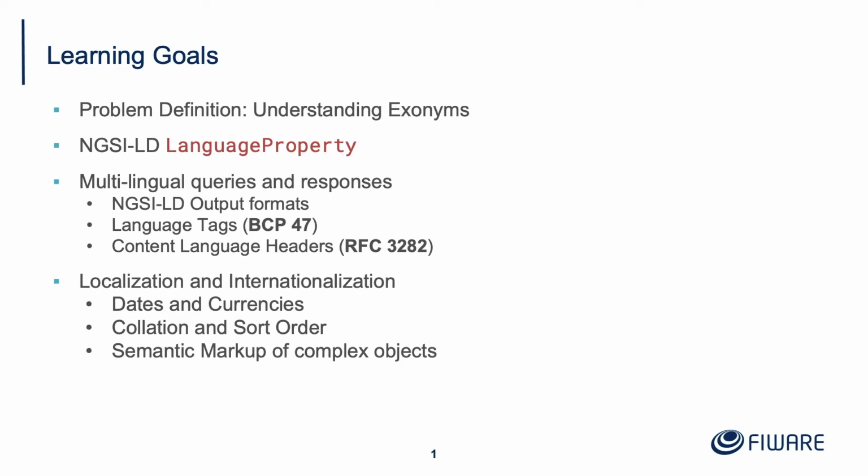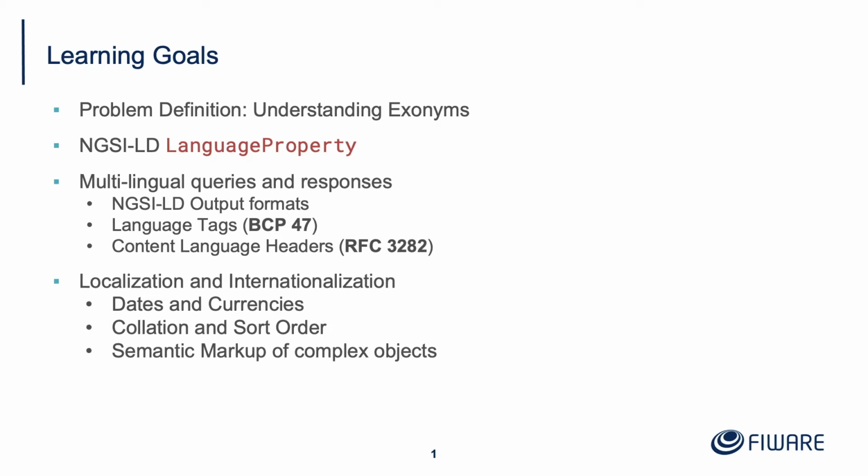And for NGSI-LD, it is important that the context, the bit which the machines read, the @context file, is also well defined so that they can understand what languages are. NGSI-LD 1.4.1 is bringing in this thing called the language property.